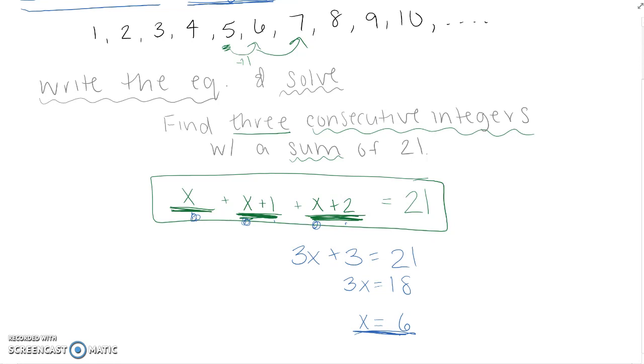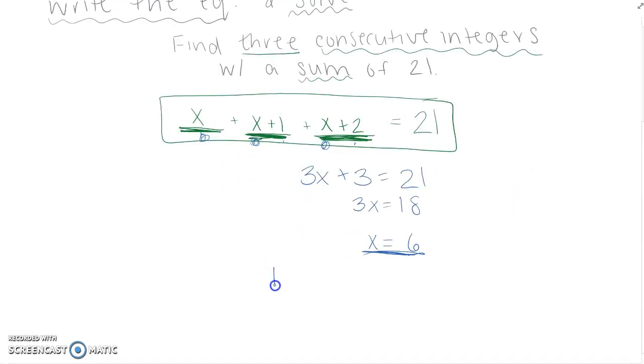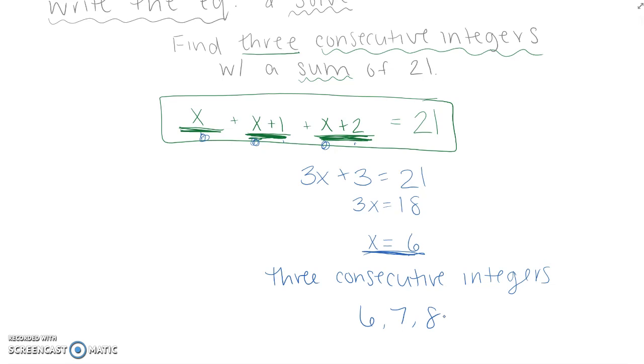So if the question is saying find 3 consecutive integers, our 3 consecutive integers will be 6, 7, and 8. Okay? We could check to make sure we're right by substituting in 6 for x. But for this video, I'm not going to do that.